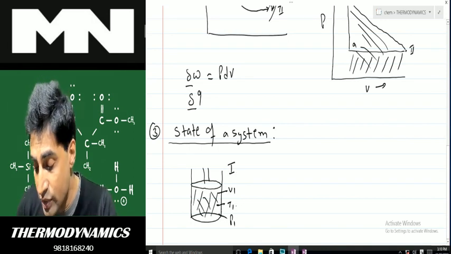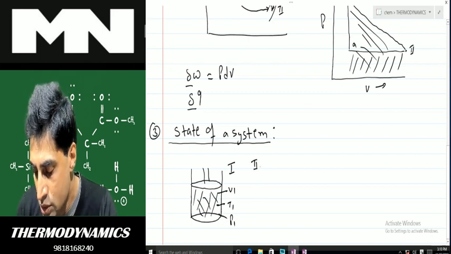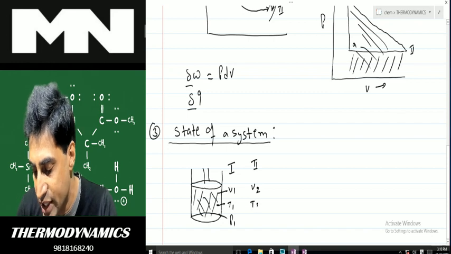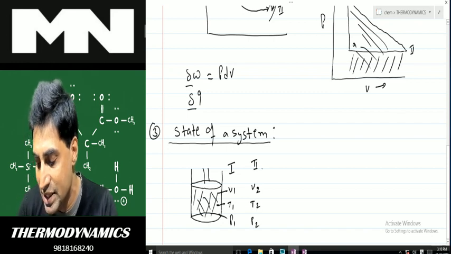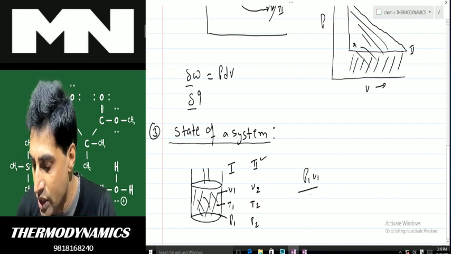If any of these values changes, the rest of the two values will also change. Suppose the volume changes to V2, the temperature will become T2, the pressure will become P2, then the state is 2. Because you know very well P1V1/T1 = P2V2/T2.